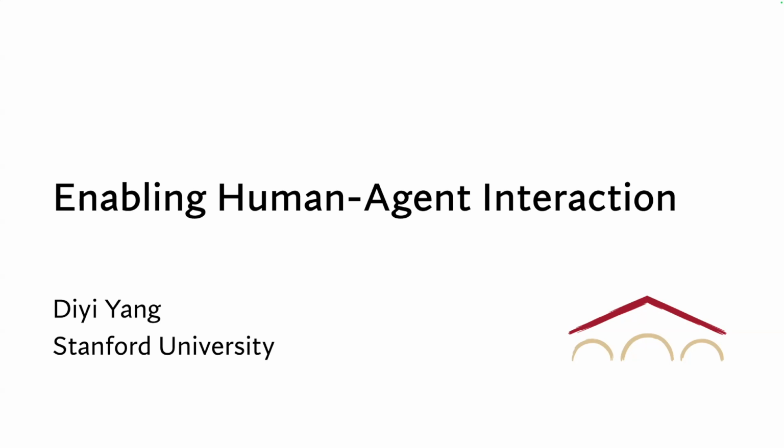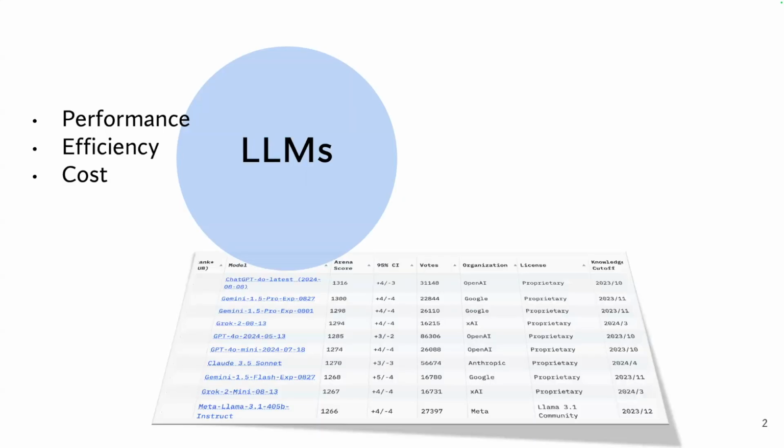So today I'm very excited to share my work on enabling human-agent interaction. At this point we have seen a lot of evaluation and generalization efforts of large language models, especially around performance, efficiency, and cost.